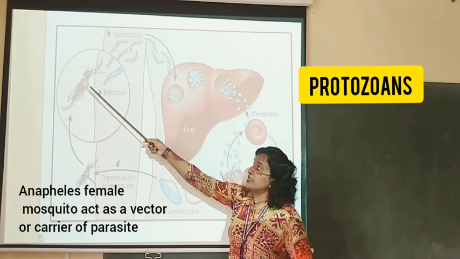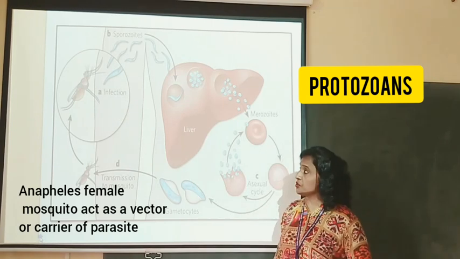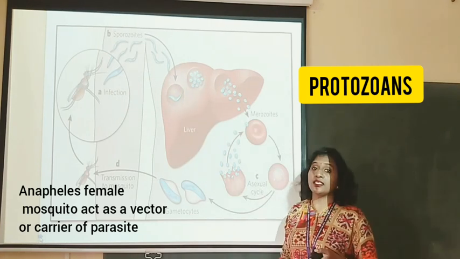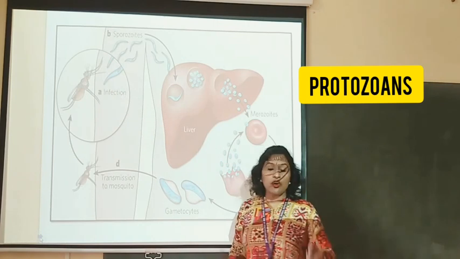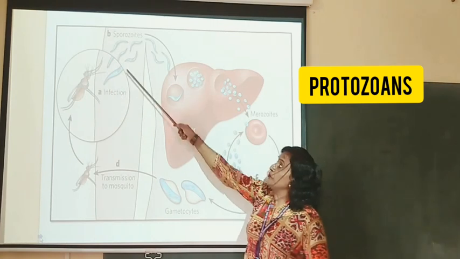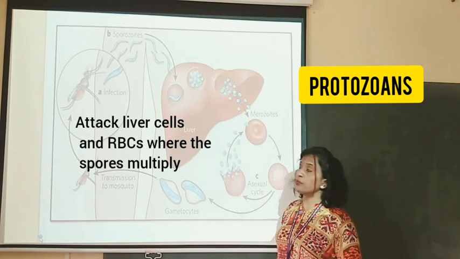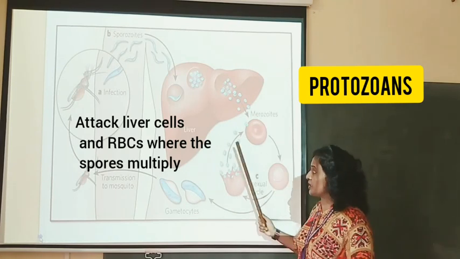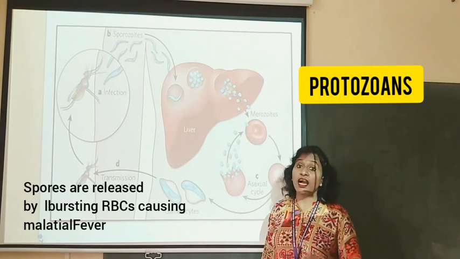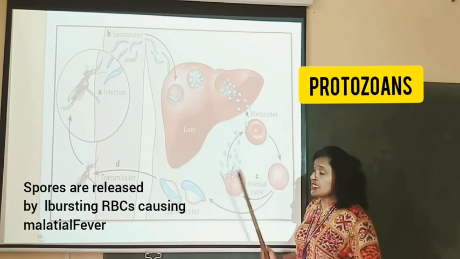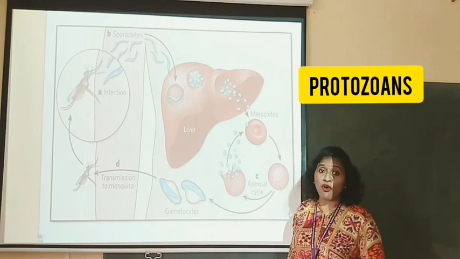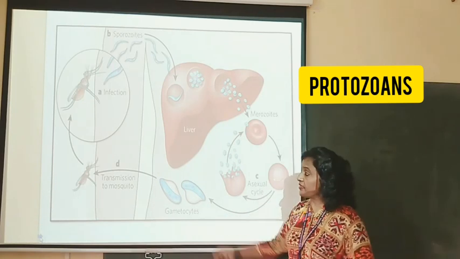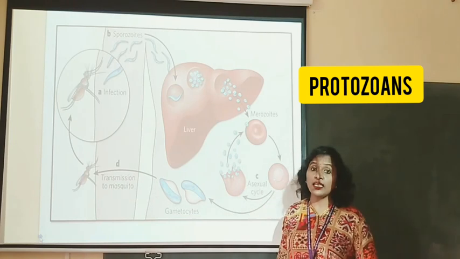When the Anopheles mosquito bites, these spores from the salivary glands of the mosquito will be transferred into the human body, to the liver, where the multiplication of these spores will take place and it will be released into the RBCs. These spores will then form gametocytes, which will be again taken by the mosquito, and there the fusion of gametes will take place.